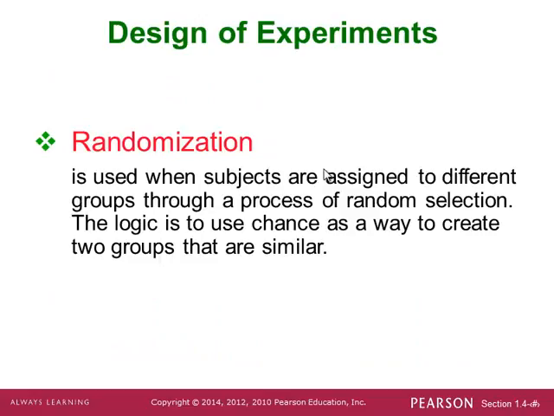Now, it's important that, when you design an experiment, you do as good of a job of randomizing as possible. But there are alternatives to randomizing. But it's the simplest way.